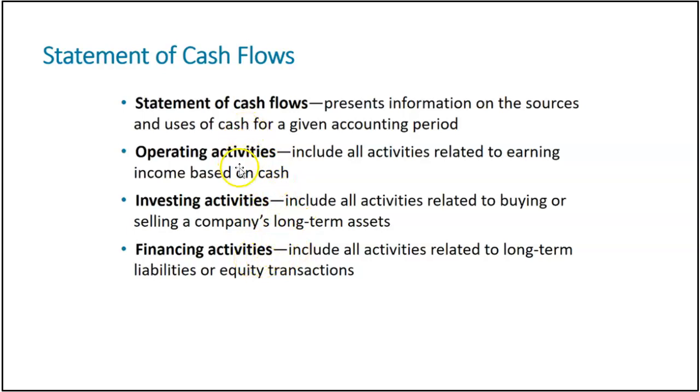And operations are related to all income based on cash, all activities relating to earning income based on cash. But what this is, it's going to be adjusted by your current assets and current liabilities. Okay? All right, because current assets and current liabilities are related to operating activities. And we'll come back to this.